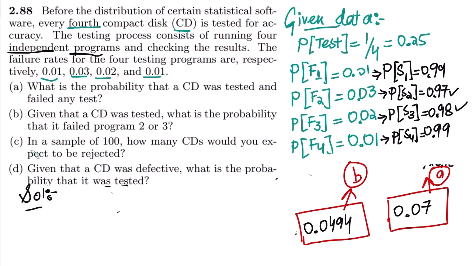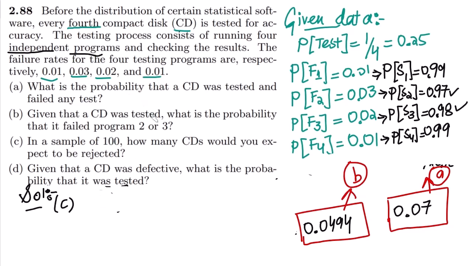The statement is: in a sample of 100, how many CDs would you expect to be rejected? Okay, so we have a total number of samples equal to 100, and a sample or CD would be rejected if it fails any one of the tests, which are test 1, test 2, test 3, and test 4.